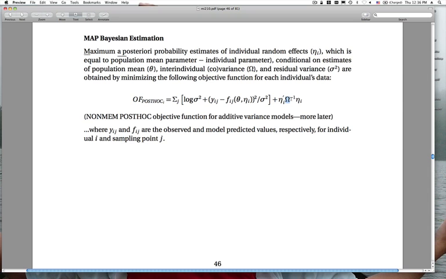You can estimate individual parameters given sparse data. There are a few words of caution in using this, which we'll address later, in particular concerns about when the individual estimate might be overwhelmed by the data or overwhelmed by the prior knowledge, and those are potentially points of concern if you're using this to guide dosing adjustments.